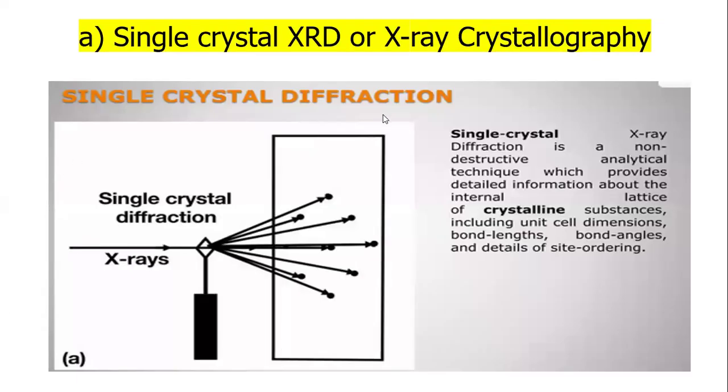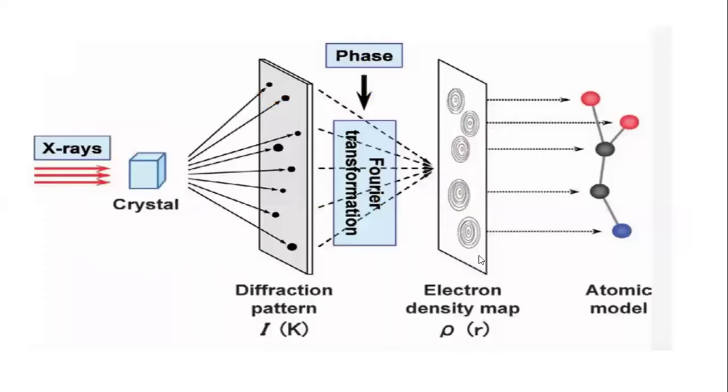Single crystal XRD, or X-ray crystallography. In single crystal crystallography, an X-ray beam is diffracted by a single crystal. It is a non-destructive analytical technique which provides detailed information about the crystalline substance, including unit cell dimensions, bond lengths, bond angles, and details of site ordering.